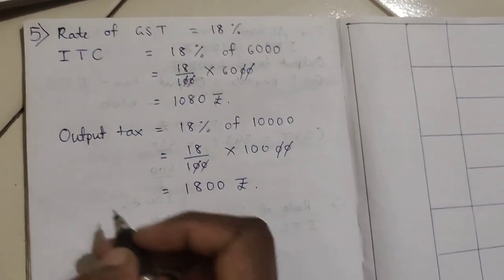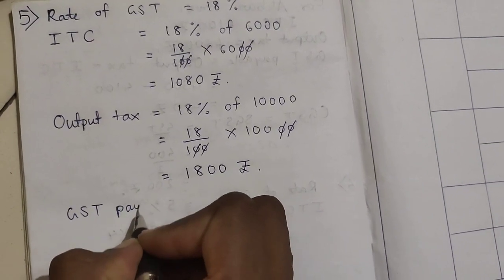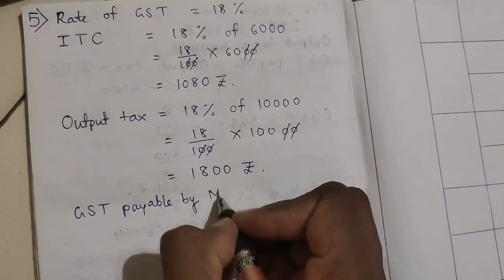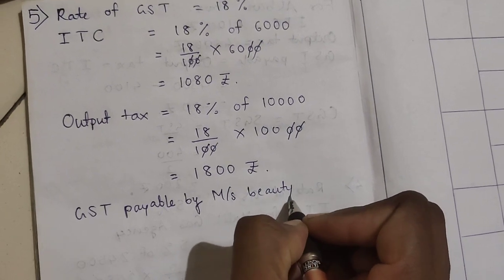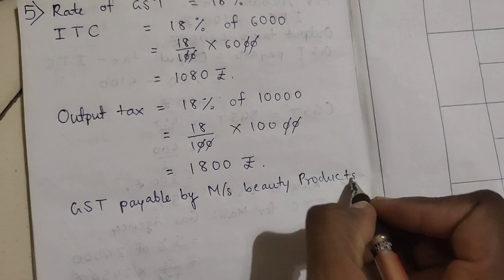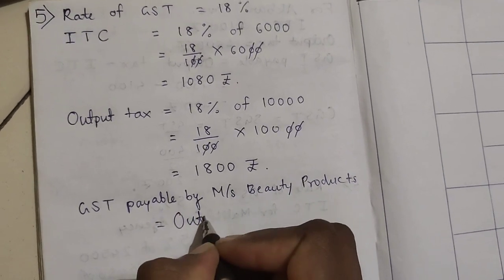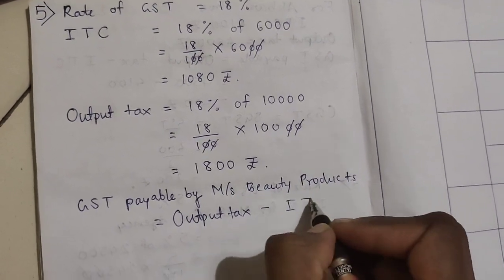Now we want to find out what is the GST payable amount. So GST payable by MS Beauty Products is equal to, what is the formula? Output tax minus ITC.